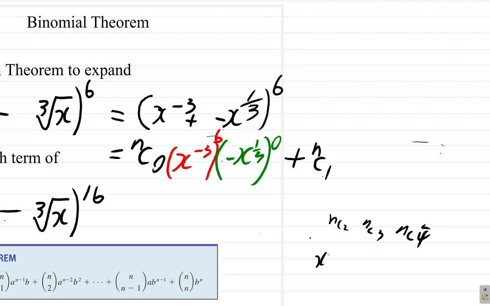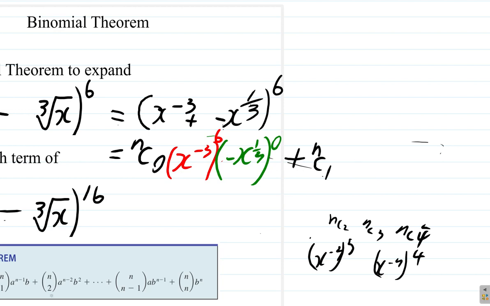Then we have x to the negative 3, reduce the power to the 5, then x to the negative 3, reduce the power further to the 4th, and so on. And then the negative x to the 1/3, you increase the power from 0 up.